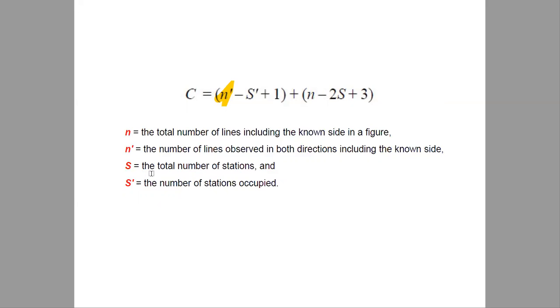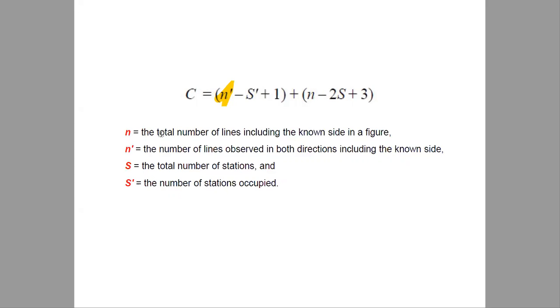So what is C? Basically, it is giving the idea of how many lines are there in total and how many of them we are observing, and similarly how many stations are there and how many of them we are occupying. Okay, so this is totally dependent upon the geometry of the triangulation figure.